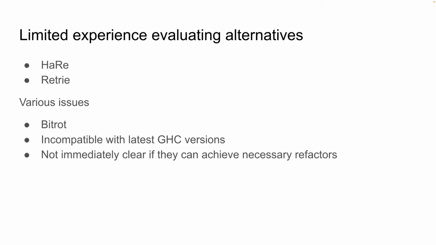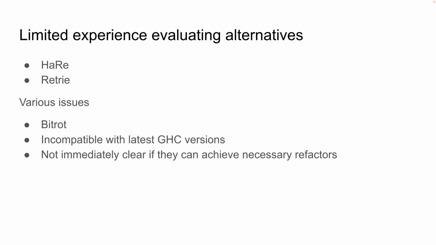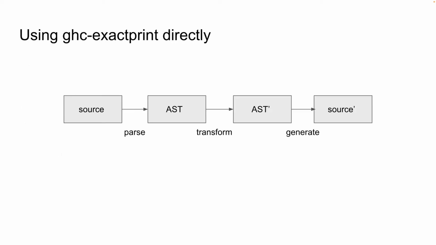So what I ended up doing is writing a tool that used this library called GHC AST. And other refactoring tools are based on this. The idea here is pretty simple. It has a parser and a generator.